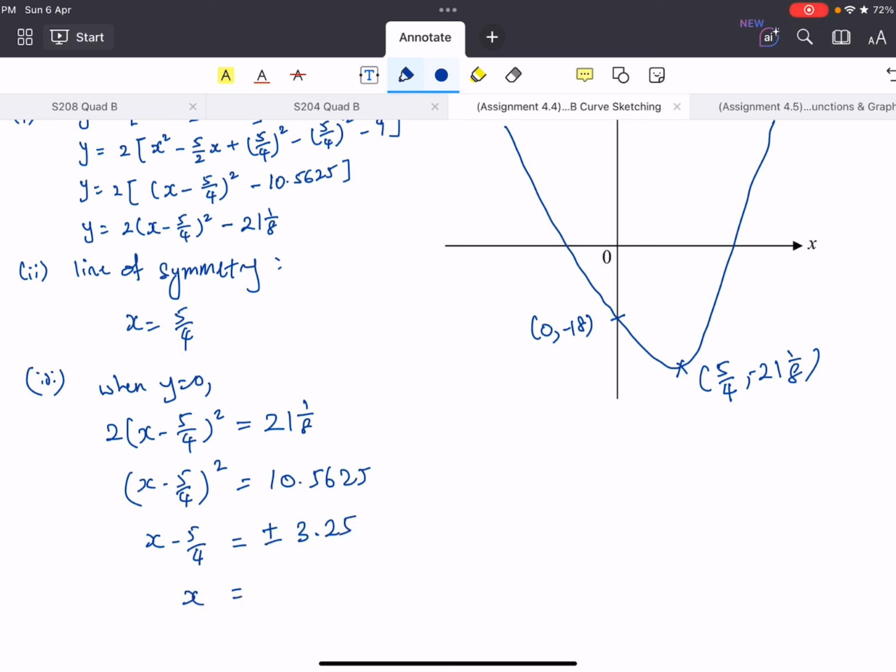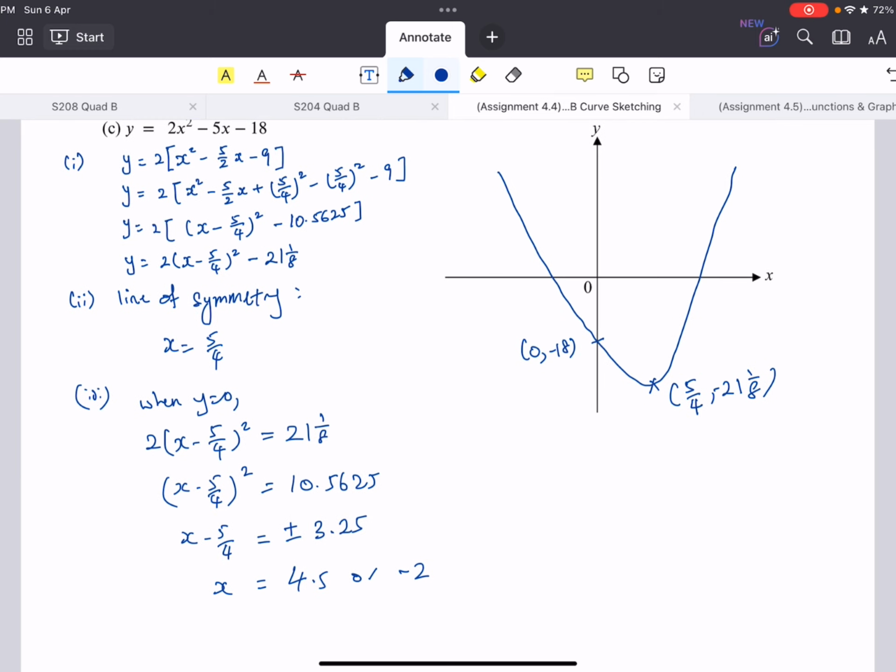So x will be equal to 5 divided by 4 plus 3.25, or 5 divided by 4 minus 3.25, or negative 2.